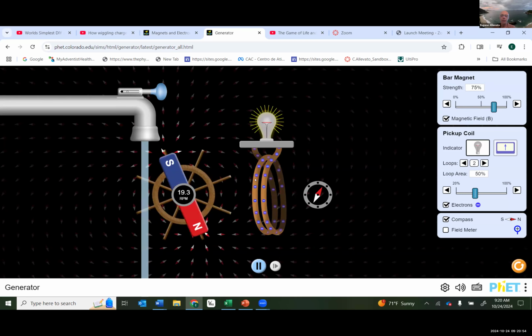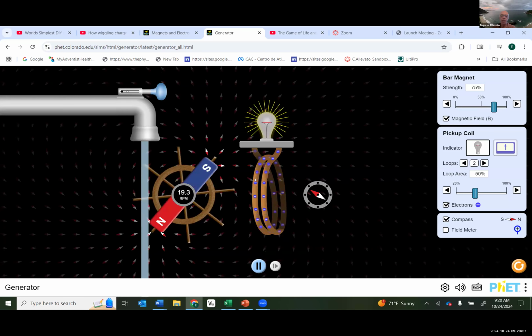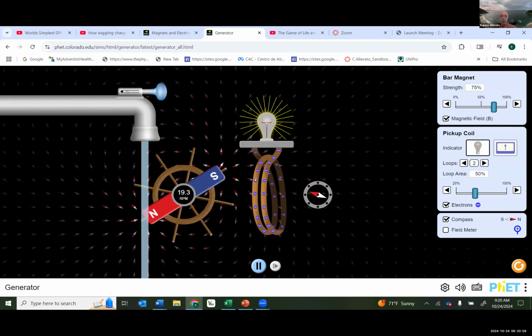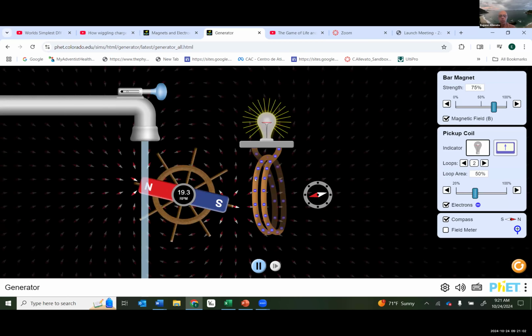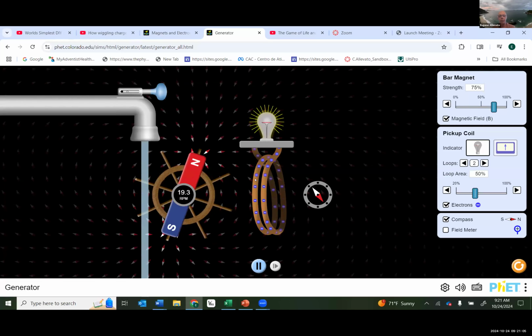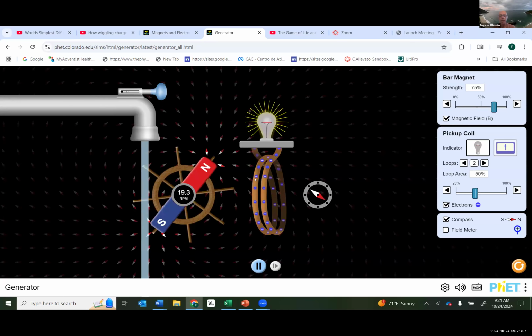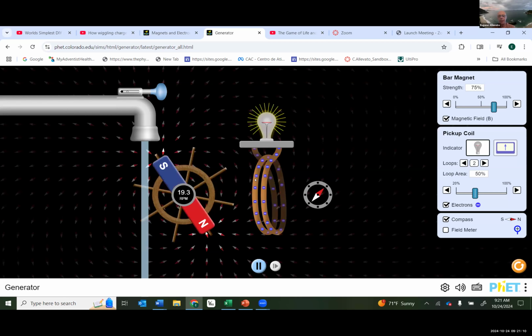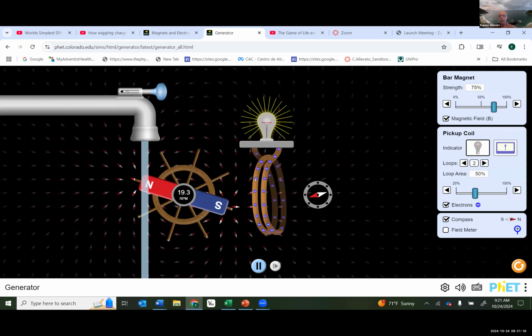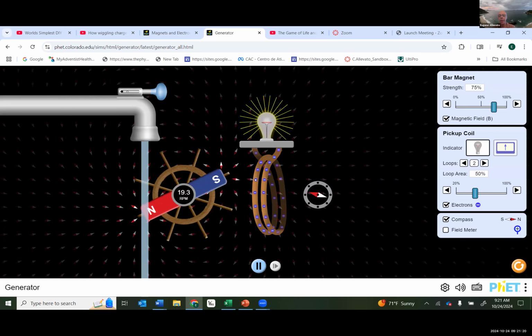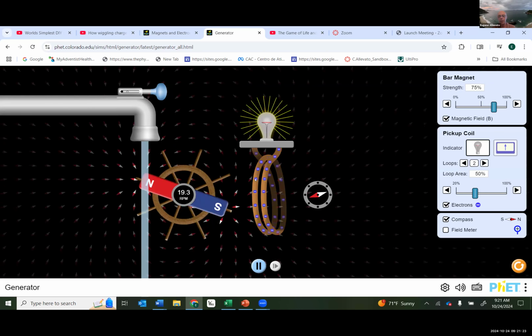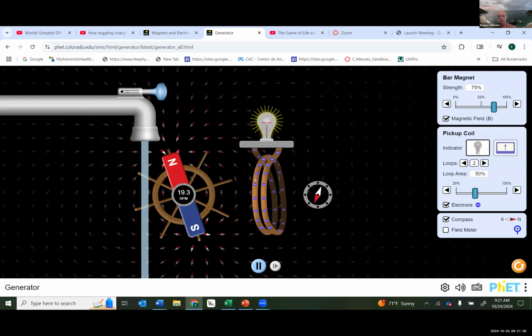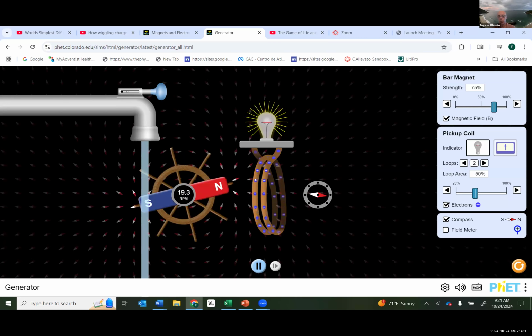But once I applied the current, it created a little motor, right? So things start moving. Here, instead, I'm not applying the current. I'm applying a change and causing the magnetic field to change. So what it does is generate a current. These are the principles of generating electricity instead of using it as a motor, right?